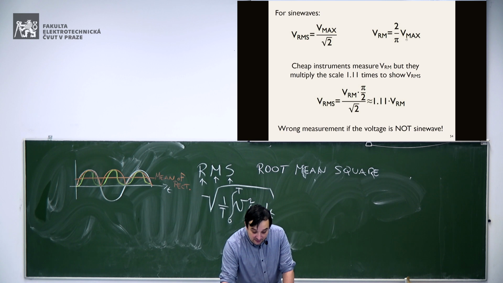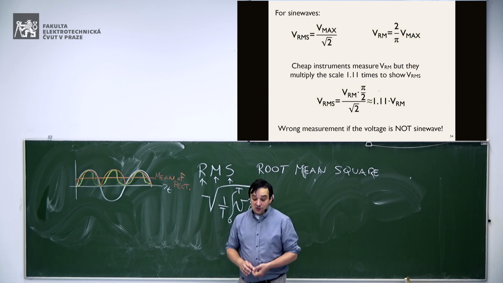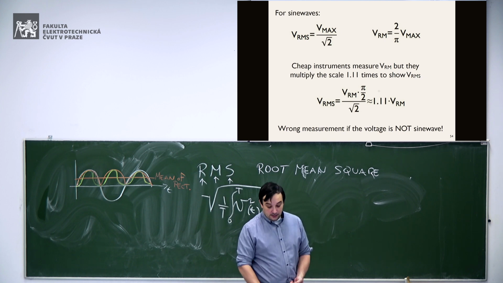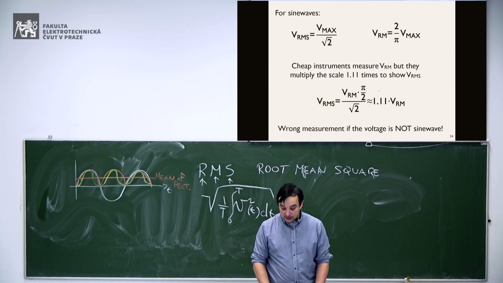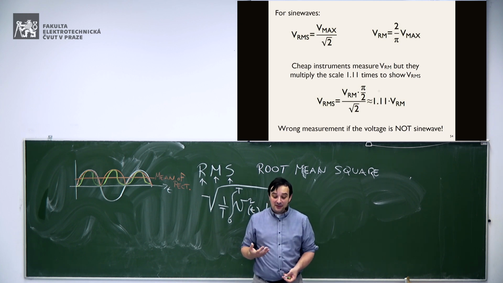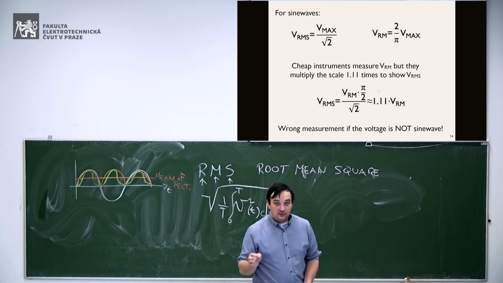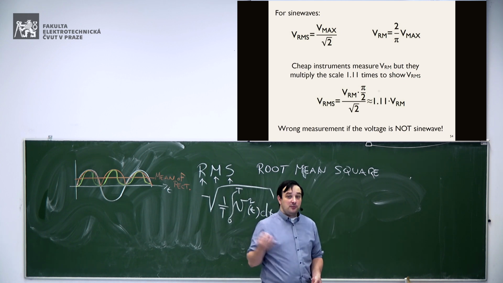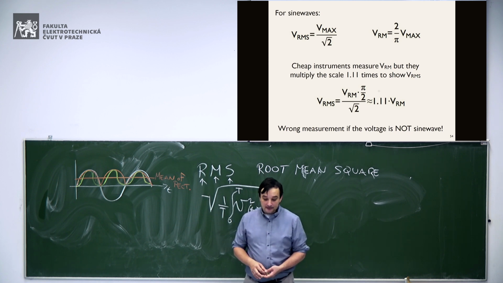You can recalculate Vmax as pi over 2 times the rectified mean value. So instead of Vmax, you write pi over 2 times the rectified mean value. And once you compute pi over 2 divided by the square root of 2, you get 1.11. Okay? So what you do is measure the rectified mean value, but then on the scale, you convert this value to RMS by multiplying by 1.11.